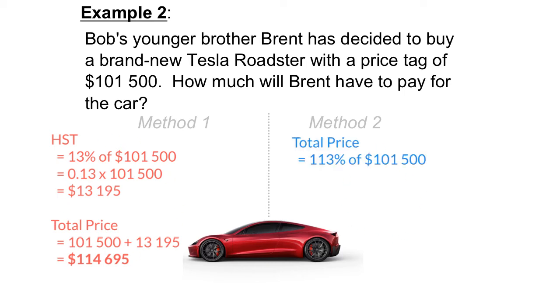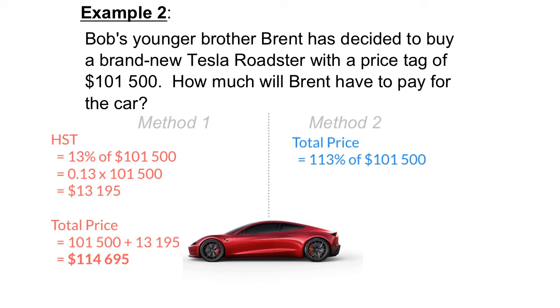So for this second method, I'm just going straight to the total price. I have to keep in mind that if I'm paying the regular price plus 13% of the price, overall I'm paying 113% of the price.